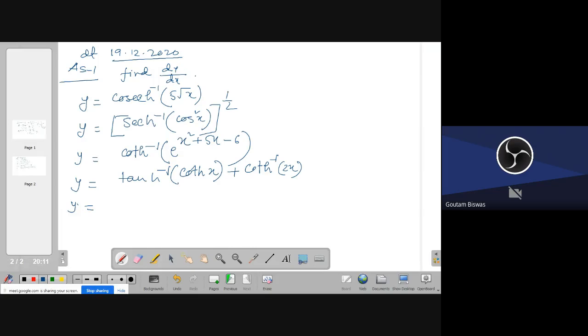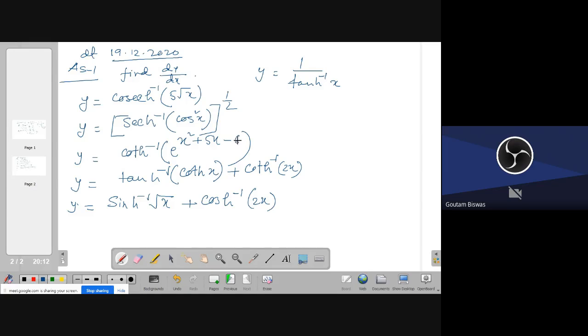Then y is equal to sinh inverse root over x plus cosh inverse 2x. Go on writing. These are your assignments, set 1. These are all very good assignments. Then number 6, y is equal to 1 by tanh inverse x.